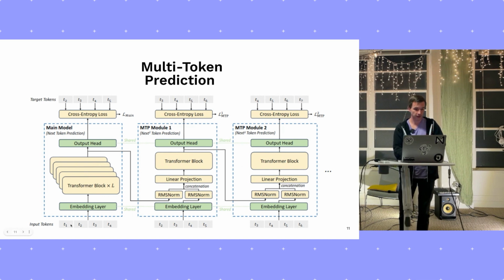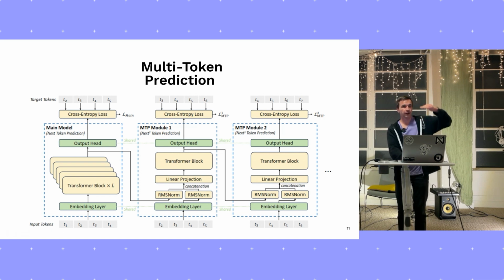So what happens is that you feed the sequence of tokens, like the first 4 tokens, into the transformer. It goes through all the layers, goes to the output layer, predicts one token, and then this final vector that goes into the output layer also goes into one more transformer block, then into the output layer, and predicts the token after next, right?